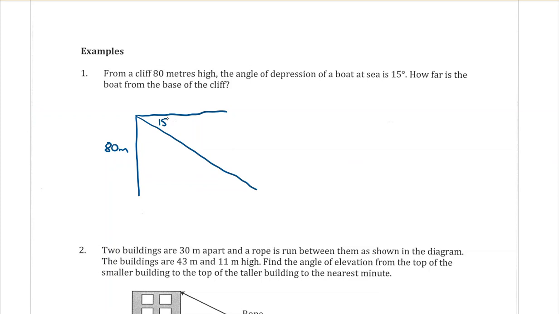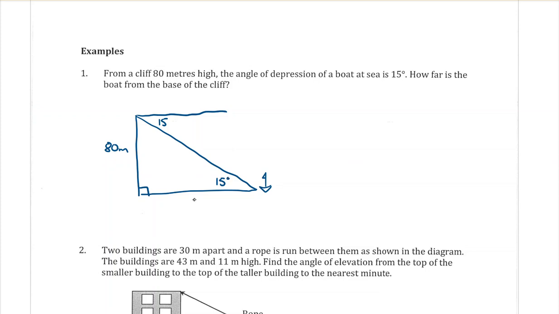How far is the boat? So there is a little boat out here on the water. There you go. That's about the extent of my artwork, people. How far is that boat from the edge of the cliff? So as I said before, if I have that angle of depression, the first thing I should do is use alternate angles to move that 15 degrees into the bottom of my triangle.